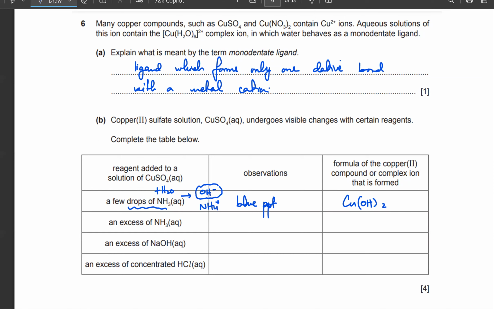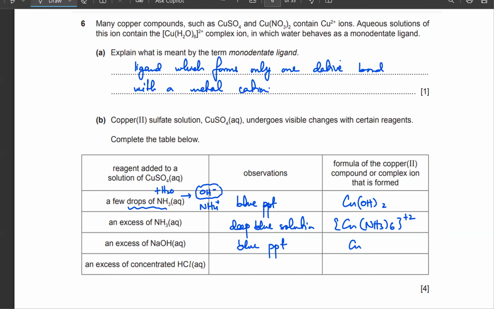When you add an excess of NH3, you get a deep blue solution. Why? Because the copper gets surrounded by ammonia ligands. Then you add NaOH, you're going to get a blue precipitate as well. Why?